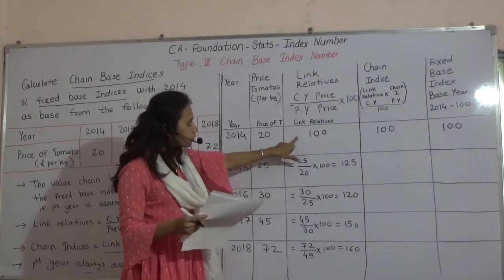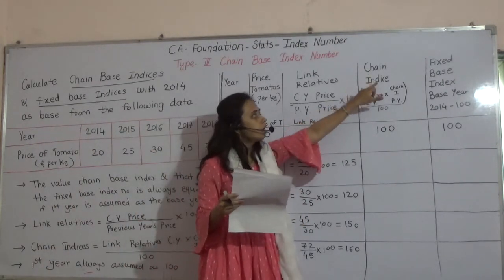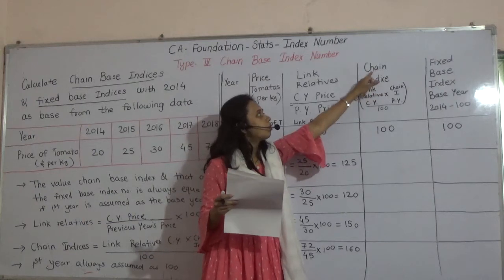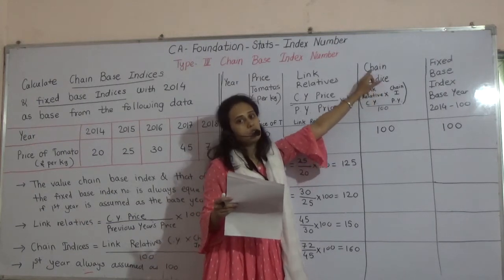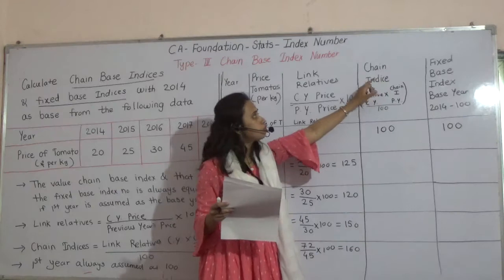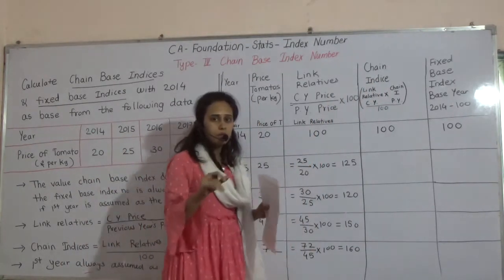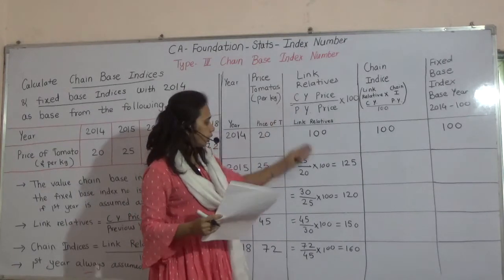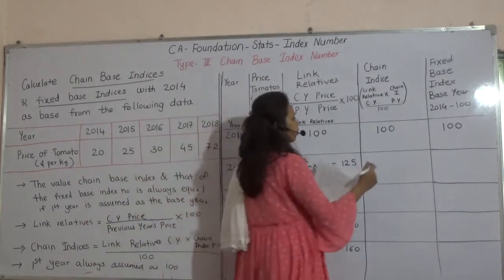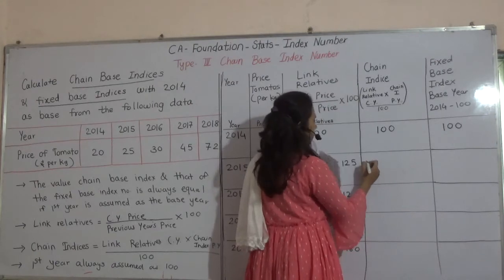Now I have to use these link relatives to calculate my chain index. You cannot find out chain index directly. For calculating chain index, you have to find out link relatives. Okay? And if link relatives are already given, then you don't need to calculate this part. Let's see.